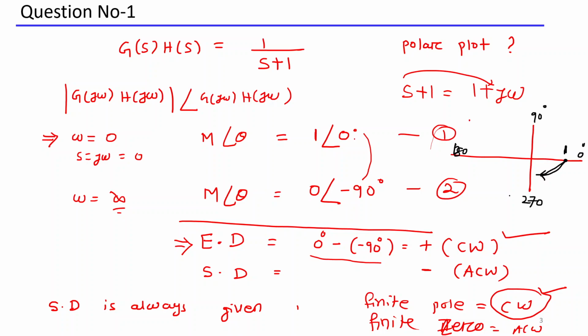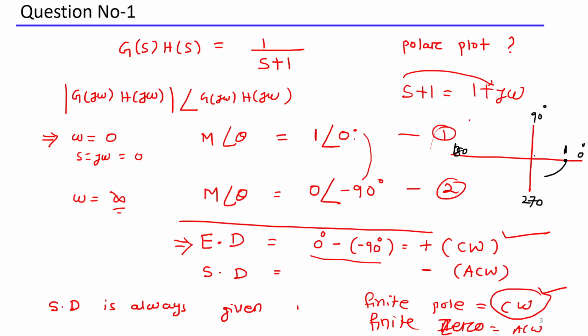So I'm starting from 1 and moving clockwise. But where do I have to end? I have to end by making an angle parallel to minus 90, and at which magnitude?